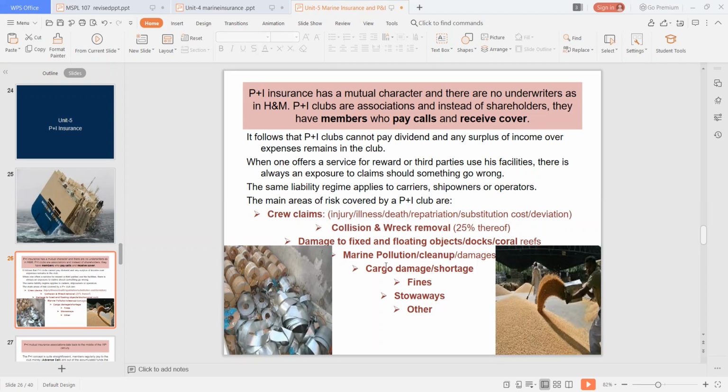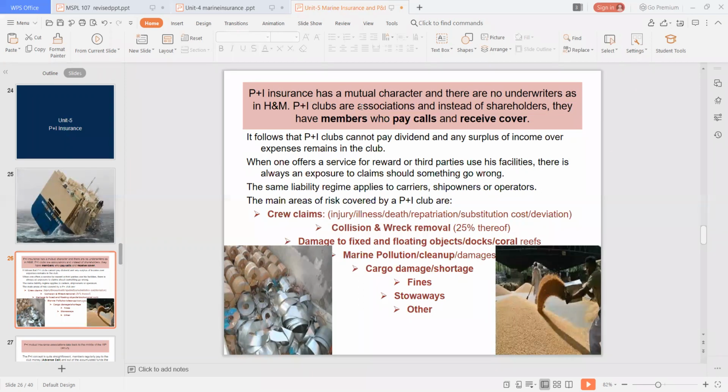Marine pollution also becomes a serious issue. People know that, like oil spillages, one of the very important things, and a lot of problems happened. So what about marine pollution? One more thing I want to ask: fish catching.